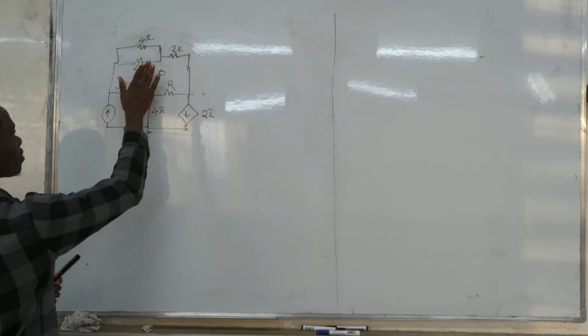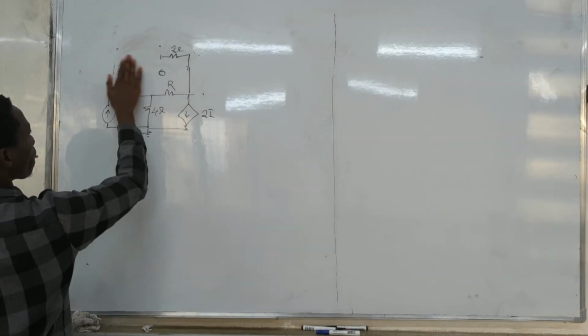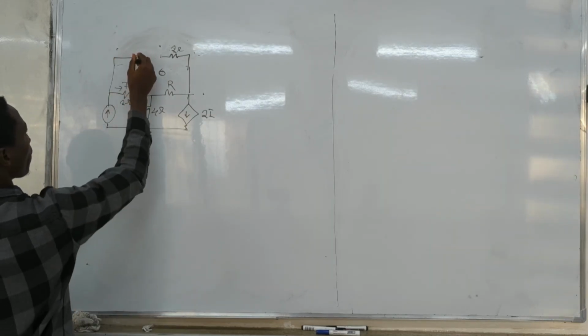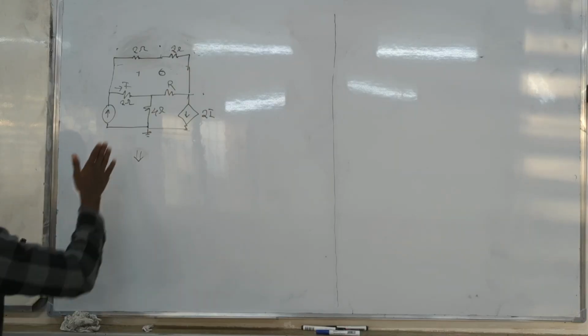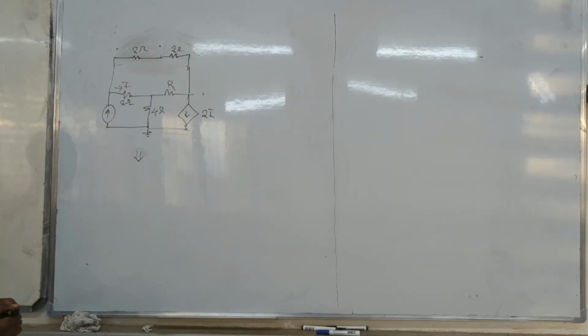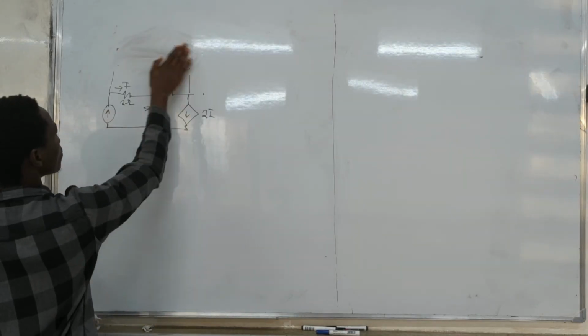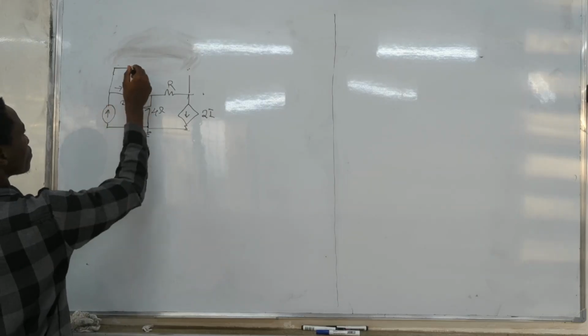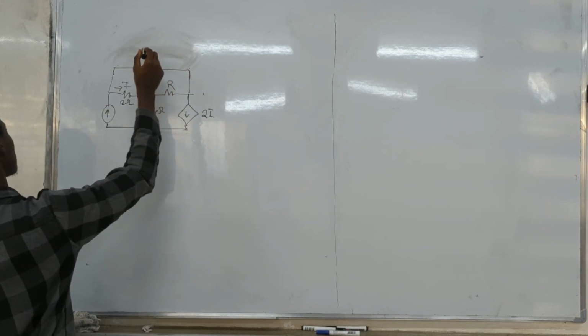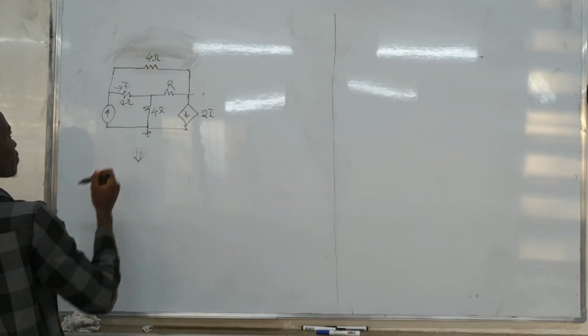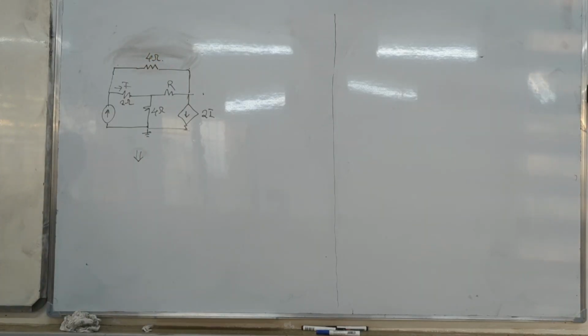So they give what? Next. Giving what? Yeah, so now our circuit is simpler.